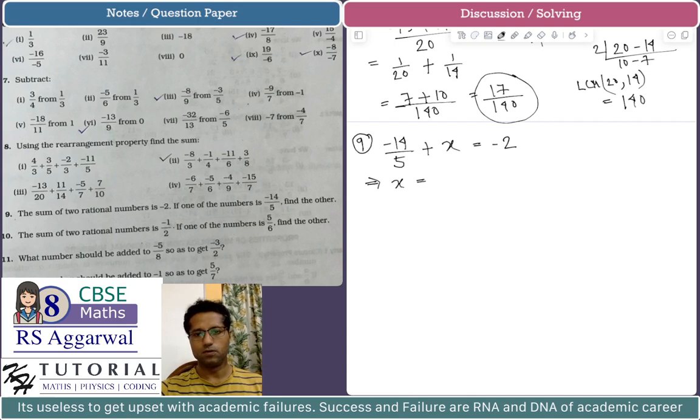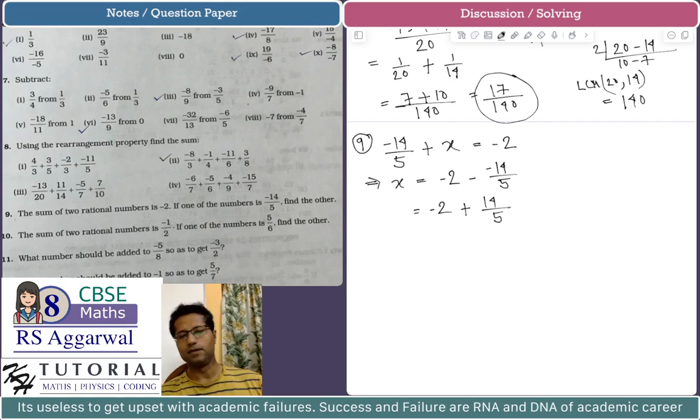x will be equal to minus 2 minus 14 by 5. Now this is subtraction of two rational numbers. We know that this will be plus 14 by 5, because the additive inverse of minus 14 by 5 is 14 by 5.